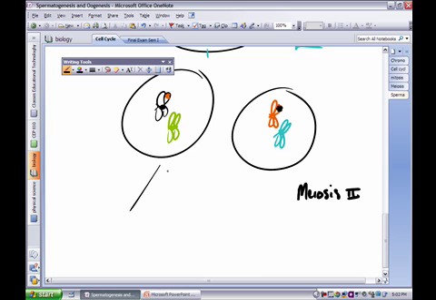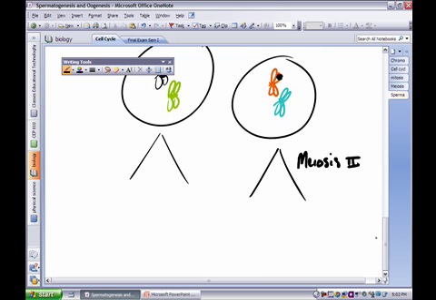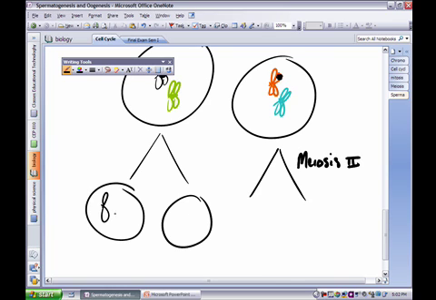So these cells will now go on to divide, and we will end up with something like this, where we'll have a black and we'll have a green like this. On the other side we'll have a black along with a green, and we're also going to put our little orange spot in here.